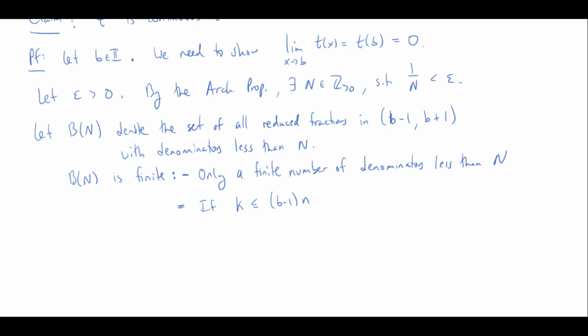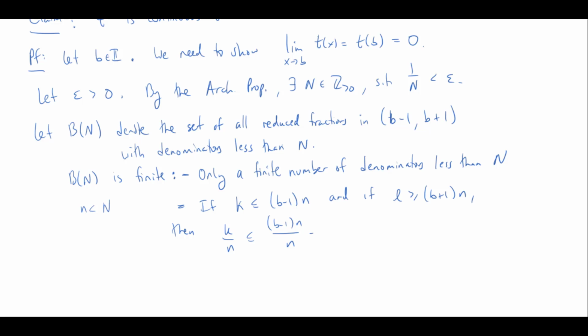So if I have a denominator, little n, less than big N. So if k is less than or equal to b minus 1 times n, and if little l is at least b plus 1 times little n, then k divided by n is going to be less than or equal to (b minus 1)n over n. Okay, I just replace the k with (b minus 1)n.